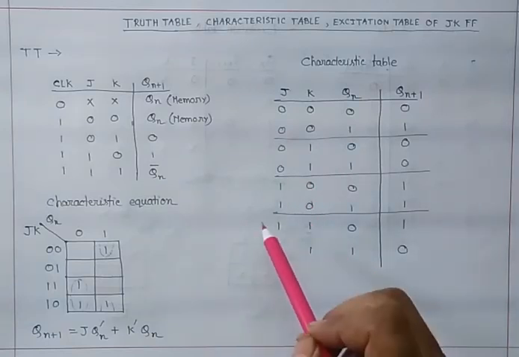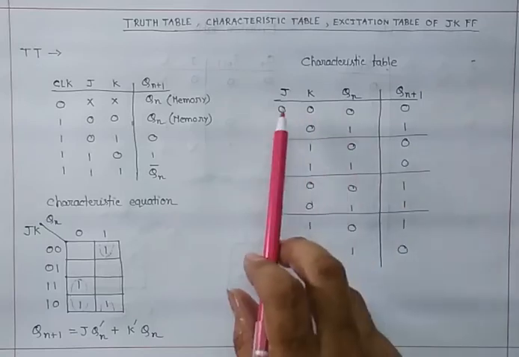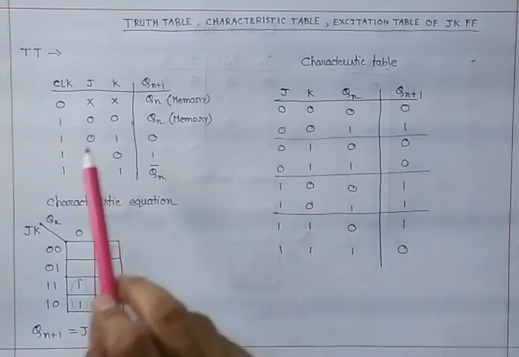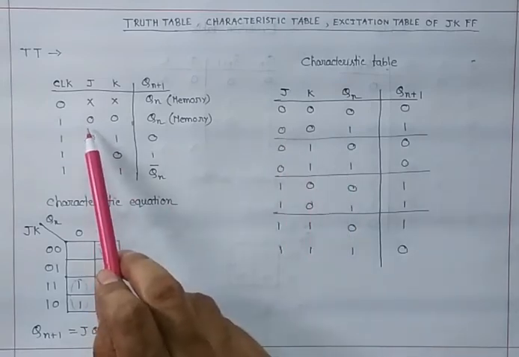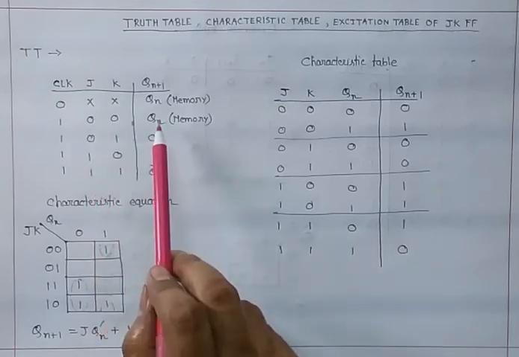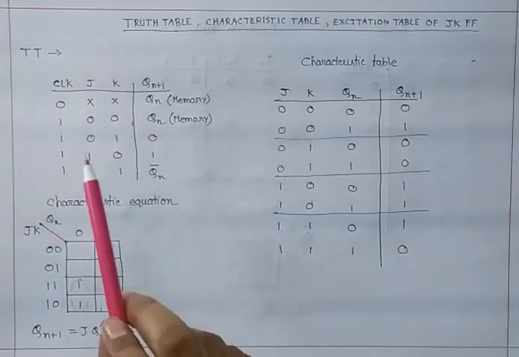Let's check the output for these input patterns. When J and K both are equal to 0, we know from the truth table that the output Qn plus 1 holds the previous data Qn.